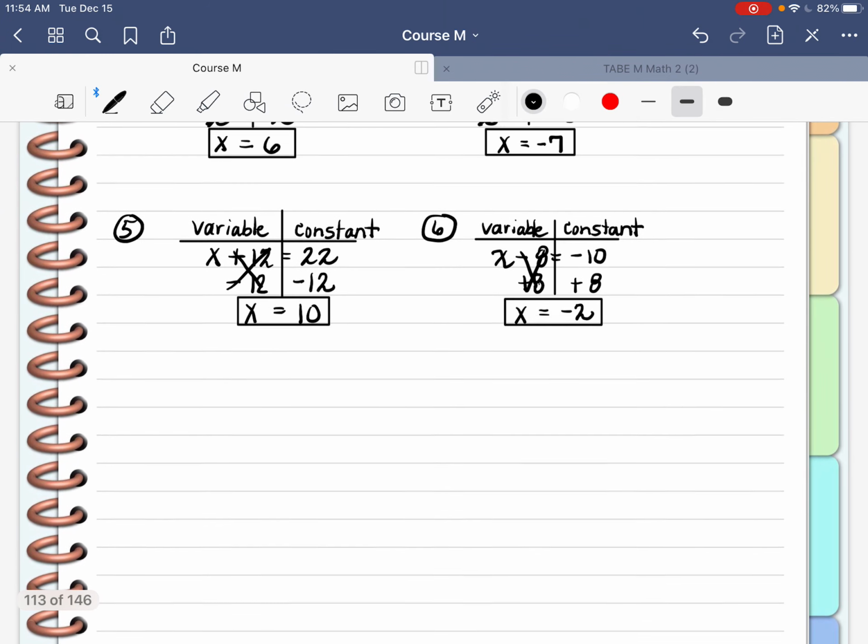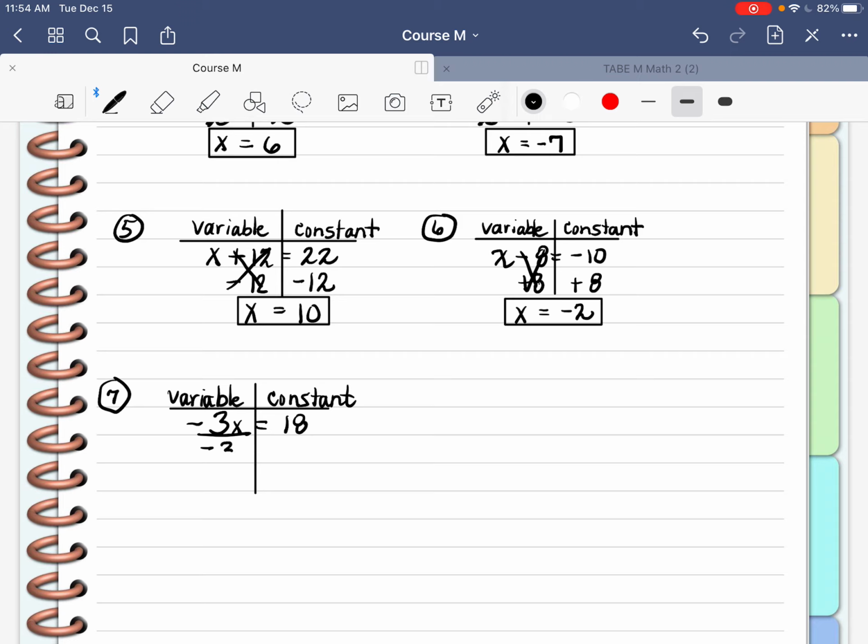Number 7. Negative 3x equals 18. Variable on the left, constant on the right. We need to divide by negative 3. So x is negative 6.